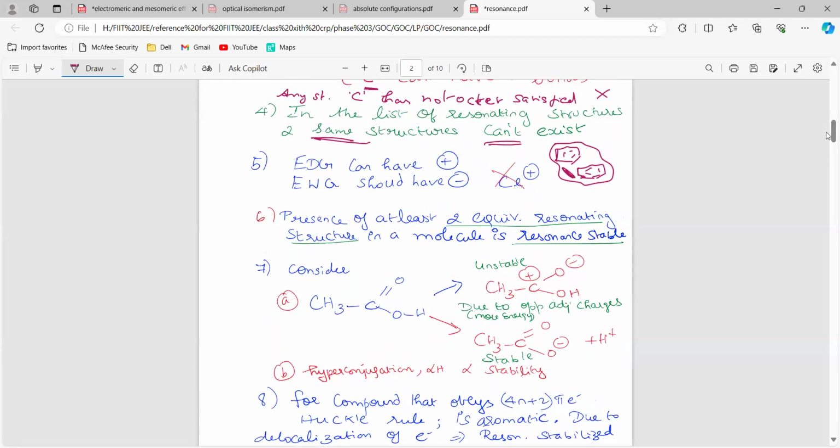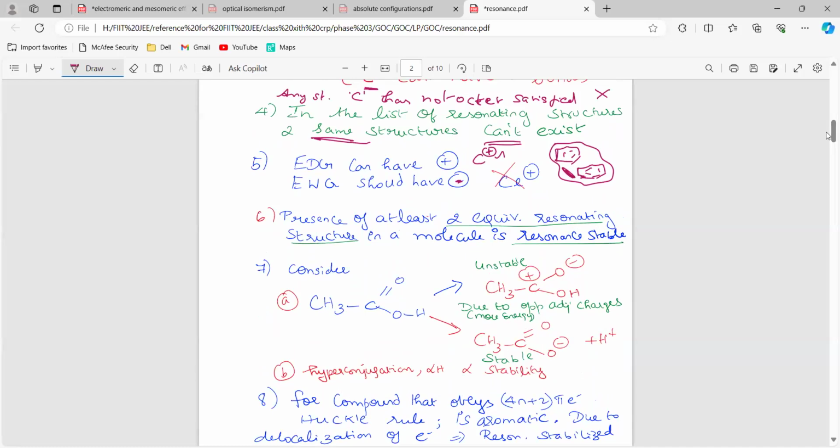Electron donating groups can have positive. See, a carbon can have positive. When you write resonating structures, there can be 6 or 7 resonating structures. We can't say it is not possible, it is less stable. That's it. All these rules are telling you which is less stable and which is more stable. If a carbon is having positive, it is okay. But electron withdrawing should have negative only.